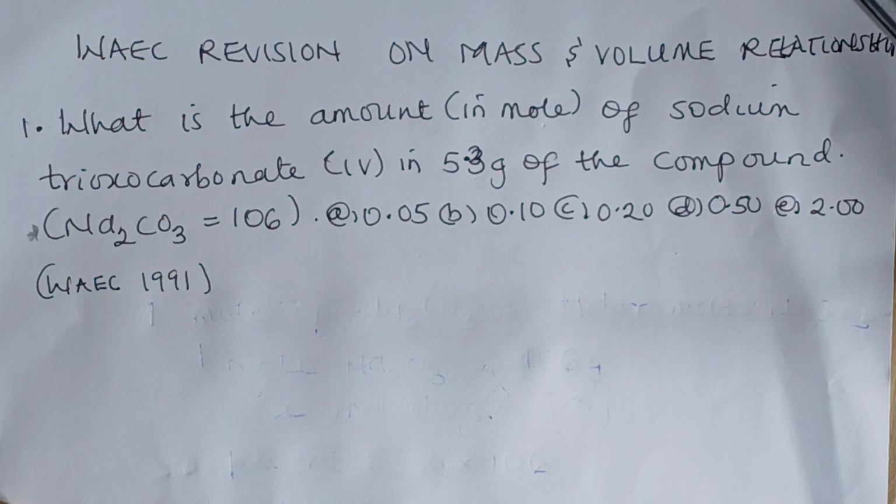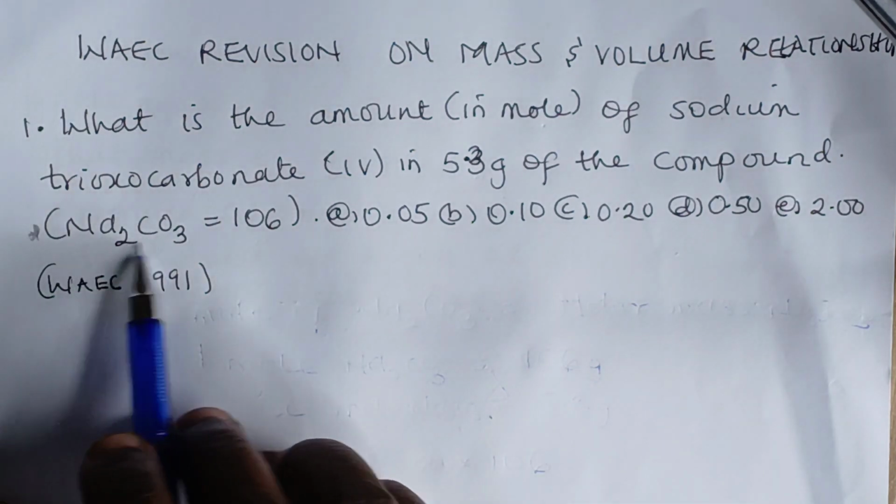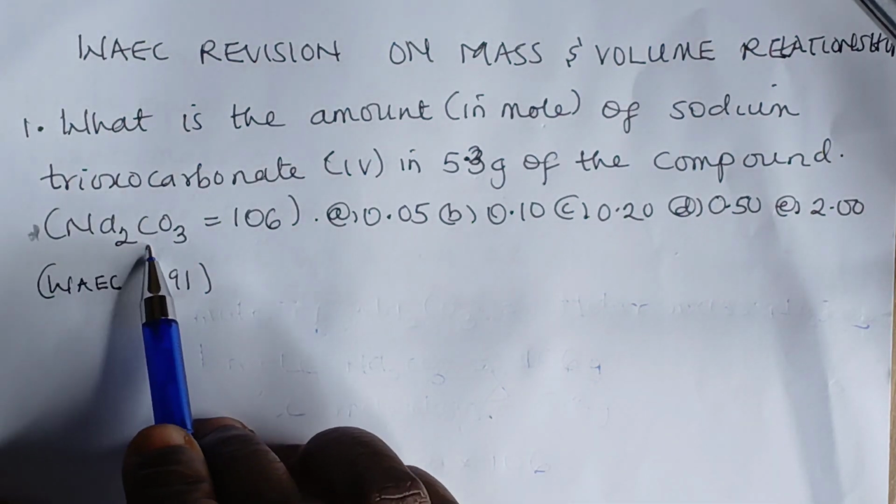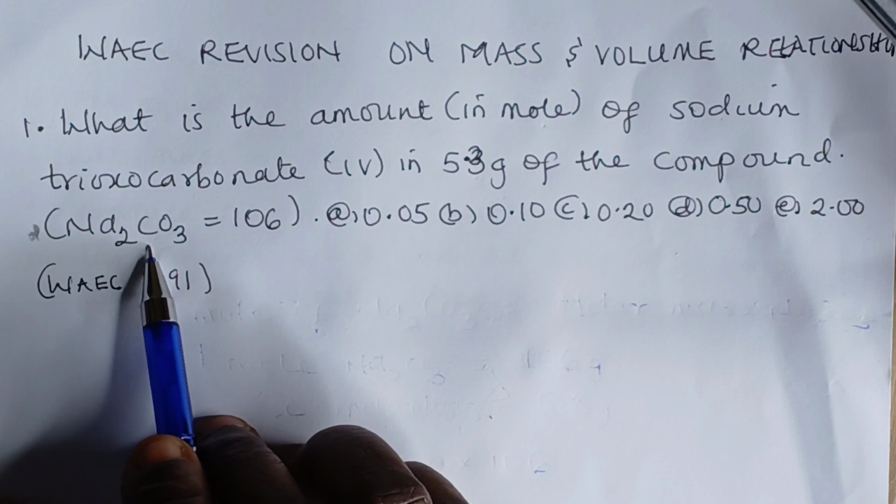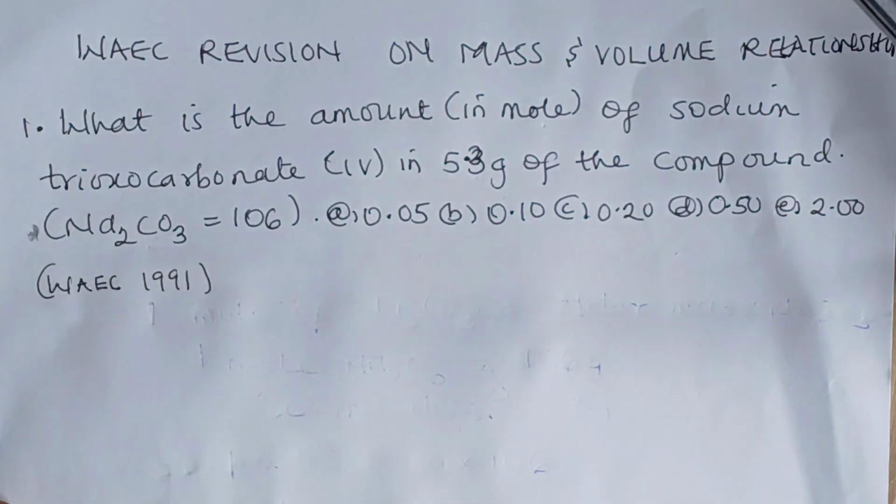Now, from the point I've taught you earlier on, I said that 1 mole of a compound, this compound now, 1 mole of it is its molar mass. And molar mass is expressed in gram.